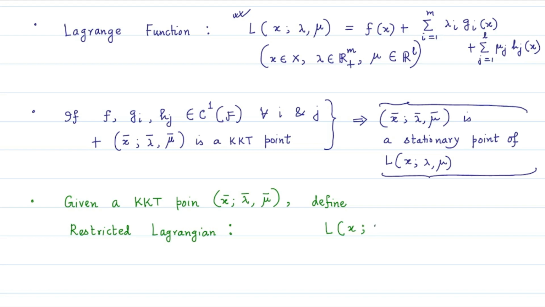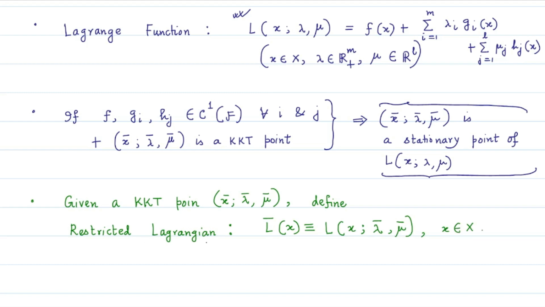So we consider this function L(x, lambda bar, mu bar). These lambda bar, mu bar are given values and we call it the restricted Lagrangian or restricted Lagrange function, denoted by L bar(x), and this function we consider in the set capital X.